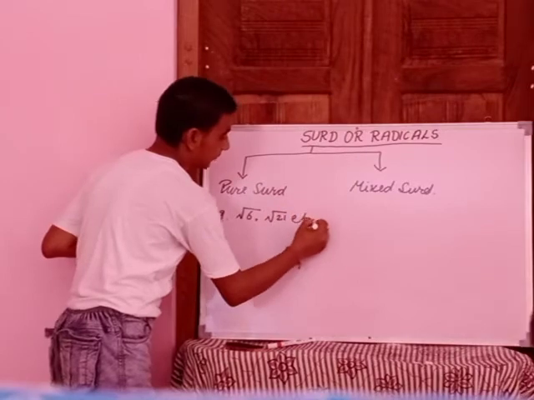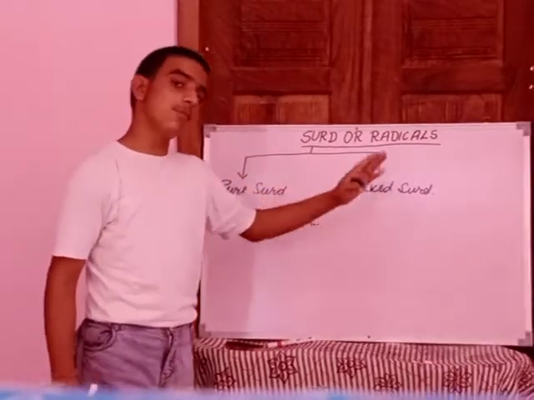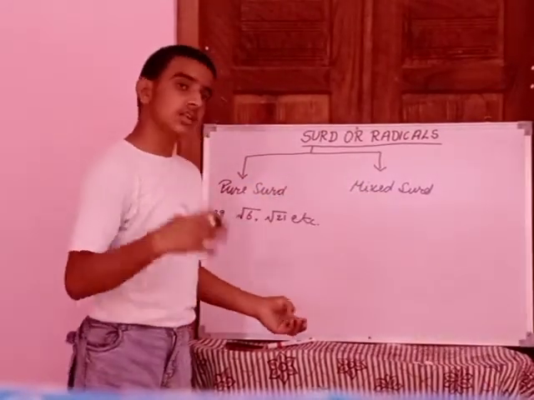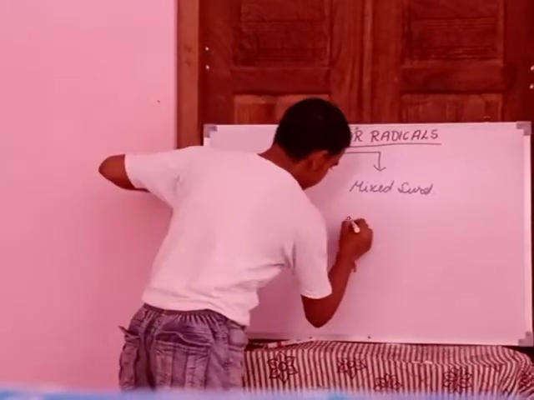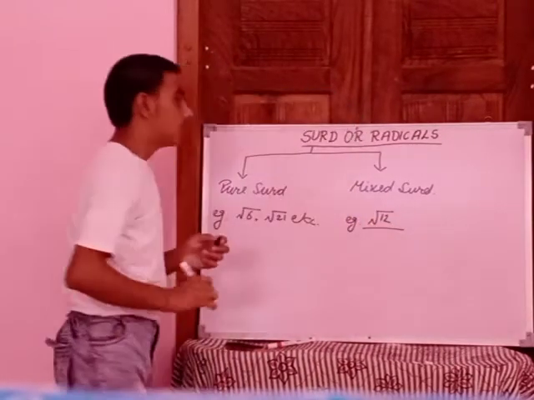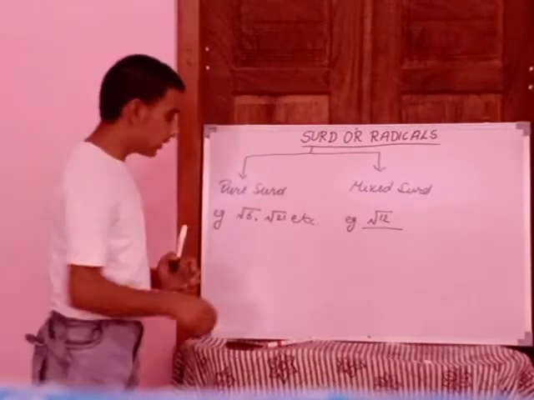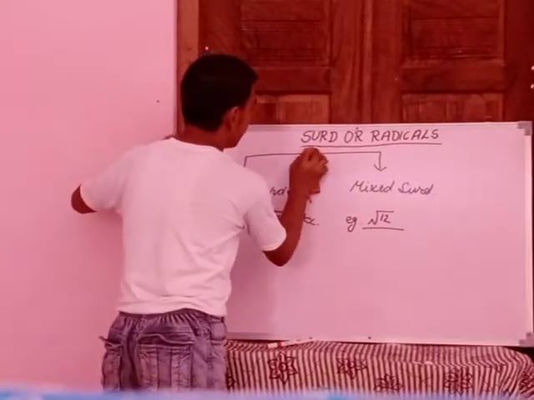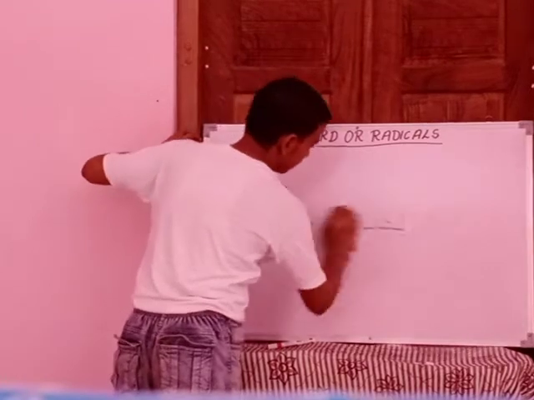And a mixed surd is a type of surd which has factors other than 1, for example, this. Now let's move to a very important topic, that is comparison of two surds.